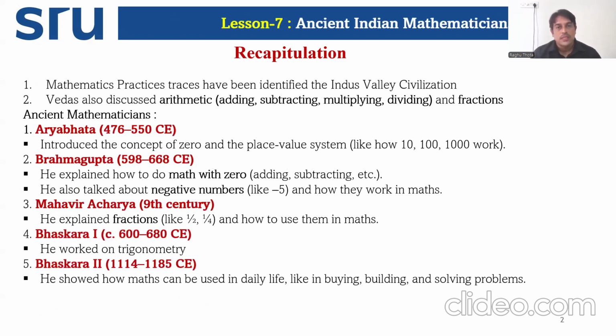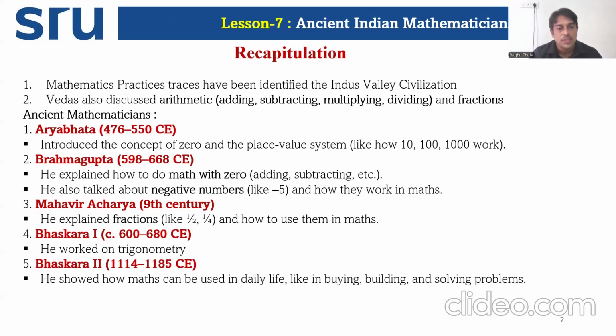And let us move to lesson number 7 recapitulation, with the title Ancient Indian Mathematicians. The significant ancient Indian mathematicians and their contributions were discussed under lesson number 7. One is Aryabhatta, who introduced the concept of zero and the place value system. Brahmagupta explained how to use zero while doing mathematical problems.